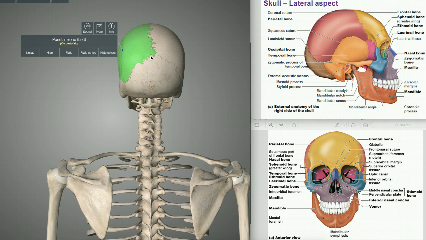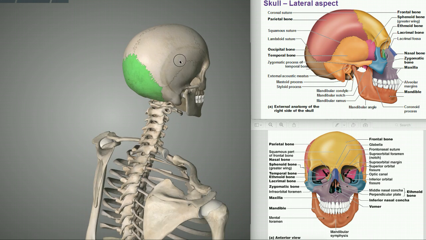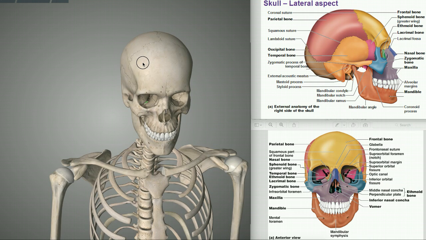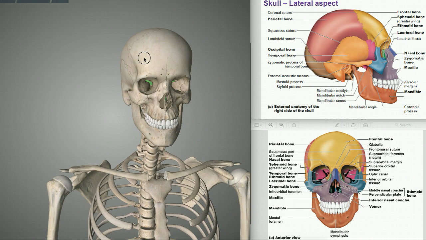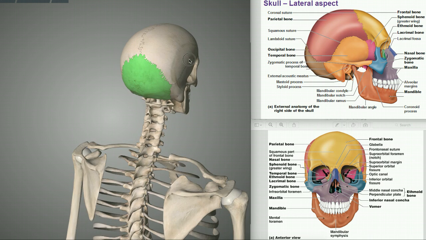Now the back bone is referred to as the occipital, and this is the back part of your head, and this is a very complex process which we'll touch upon in a bit more detail in the next video, I guess. Or I can simply do it now. If I just open up the lateral aspect of the bone, then you can see it much better.